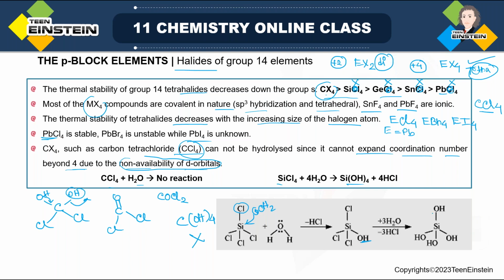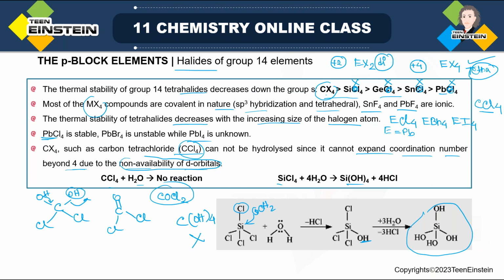Though in the final product you will get only 4 bonds, 4 coordination is again reached, in the intermediate there is more than 4 coordination. So that is why d orbital availability is required. But this type of mechanism is not possible with CCl4 because there is no d orbital. But if you make the condition very drastic, maximum you can get this type of carbonyl chloride product, but that is not the hydrolysis product.